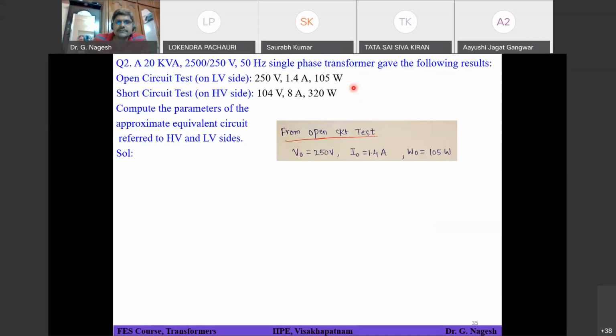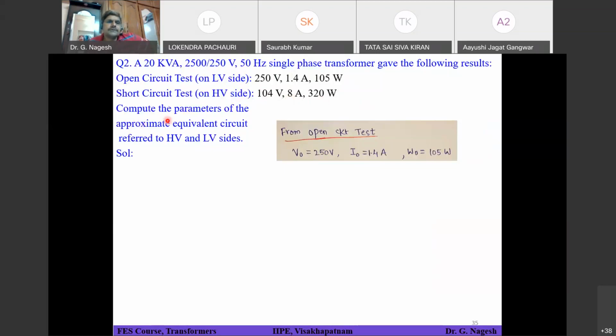Similarly, the short circuit test also they have done and the voltmeter reading is 104 volts. As you know, rated voltage need not be applied, but rated current should flow. So rated current is 20 kVA divided by 2500, which is approximately 8 amperes. So rated current is flowing and the corresponding voltmeter and wattmeter readings they have given.